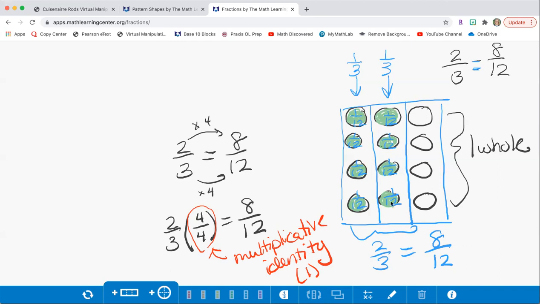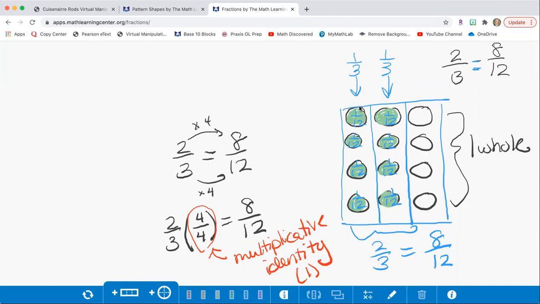And so we had the denominator 3, 4 times, and the numerator 4 times. And thus by scaling, think of this idea of multiplying by 4/4, scaling up this set of 3 circles to this whole set of 12, right?